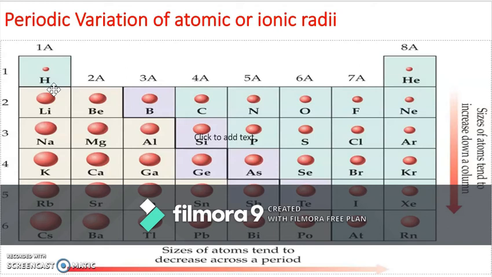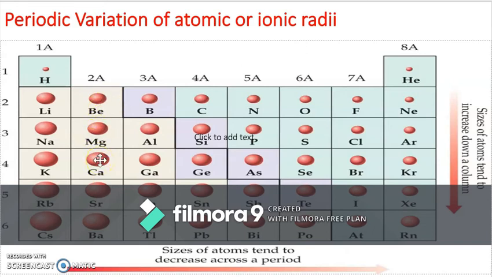If we consider the atomic or ionic radii of the second group, or alkaline earth elements, the ionic radii of these elements go on increasing from beryllium to barium. Here these are beryllium and these are barium. The size increases from top to bottom.